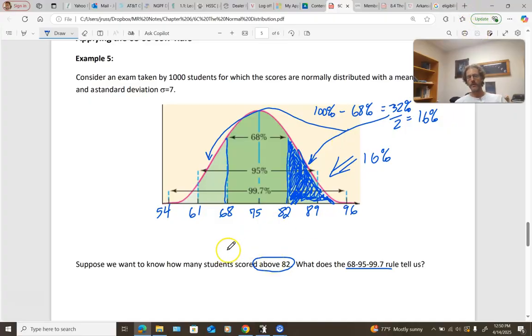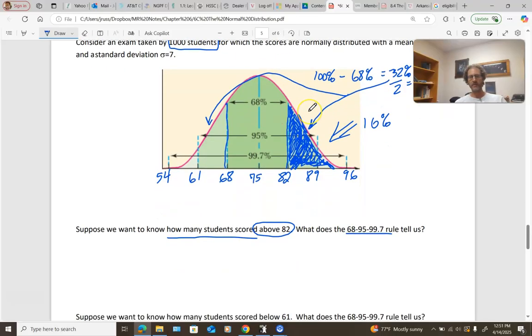Now that's actually not what the question asked. The question asks how many students scored above 82. Well, we know 16% of them scored above 82, but we need to figure out what 16% of the number of students that took the test. Okay, so that's our last step here. 16% of 1,000.